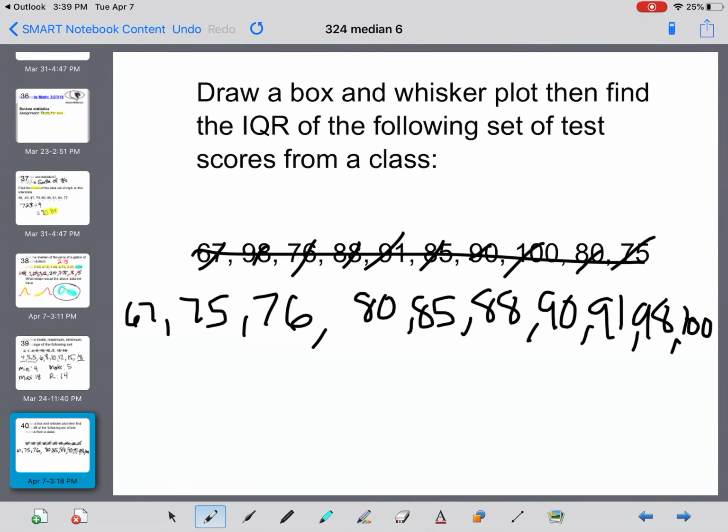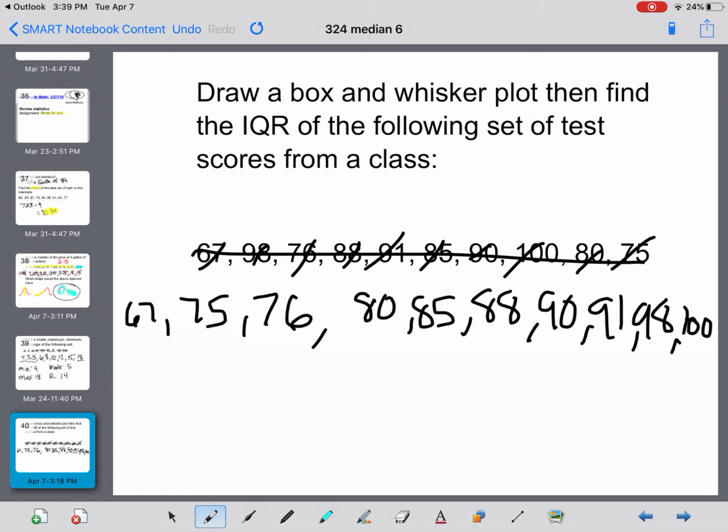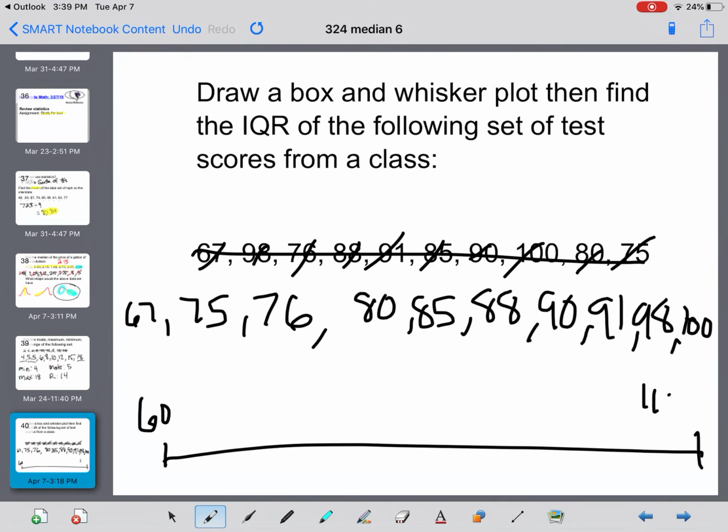So now what we need to do is make a number line. And the number line doesn't have to be exact. But so I know, let's make this 60 to 110 over here.